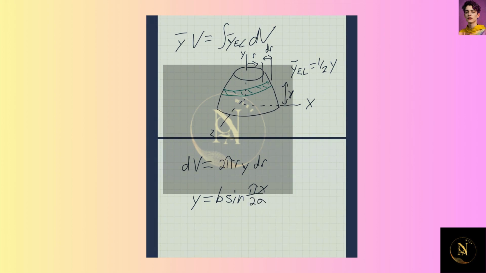And luckily we are given an equation of the line where y is equal to b times sine pi x over 2a. So we can plug that into our differential volume.